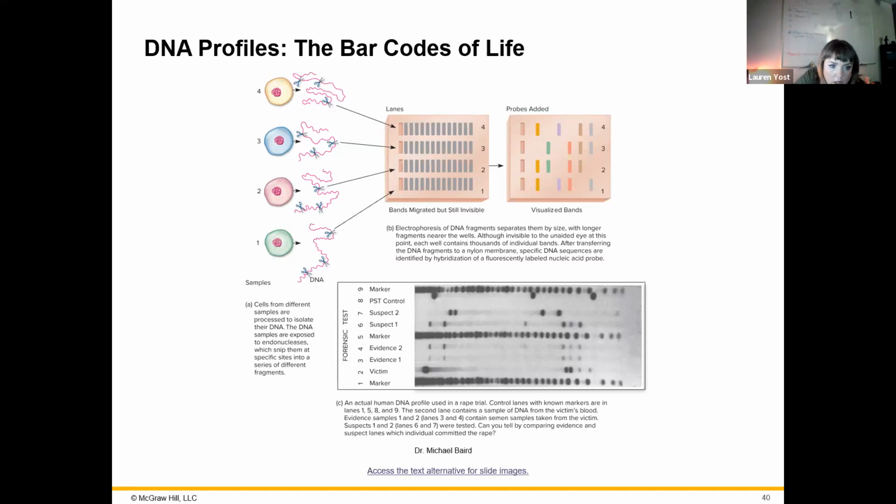So they have the marker here, we have our victim here, and then we have collected evidence. This is evidence that we collected at the actual crime scene, perhaps. And you can see here that the suspect that you are concerned about, suspect 1, matches up with the evidence we are seeing in that location, whereas suspect 2, the other person we were concerned about, does not match.